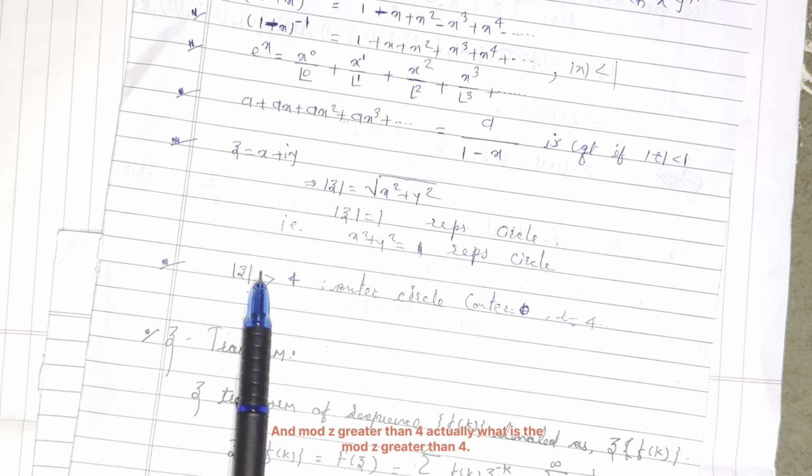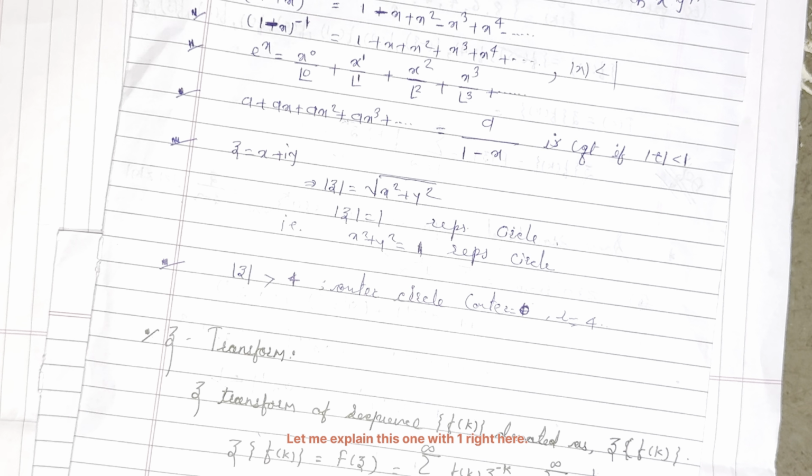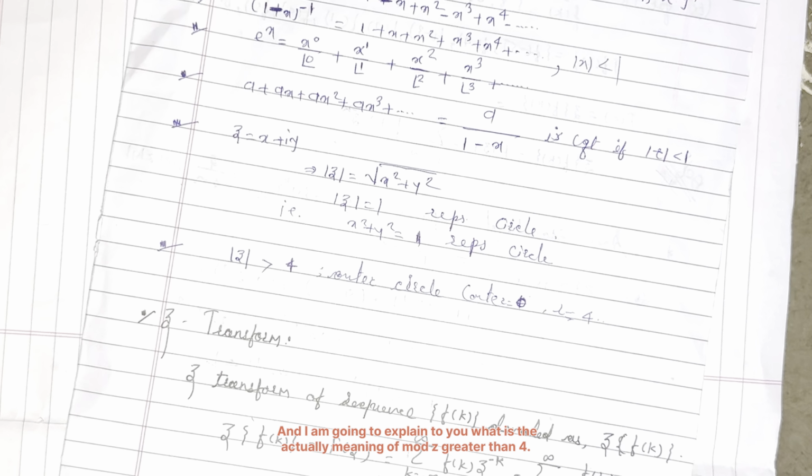And mod z greater than 4, what actually is mod z greater than 4? Let me explain this one with one page here. I'm going to explain to you all what is actually the meaning of mod z greater than 4.